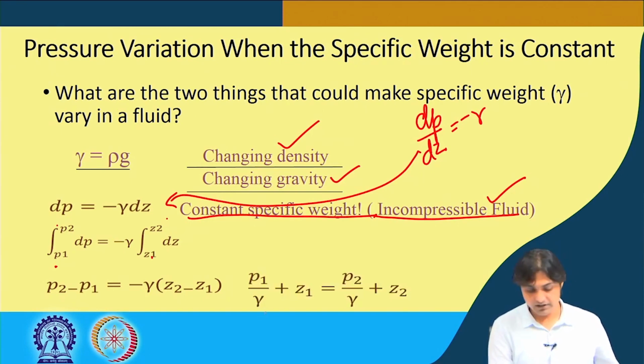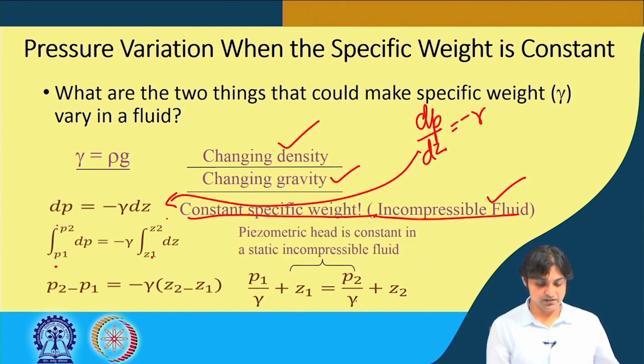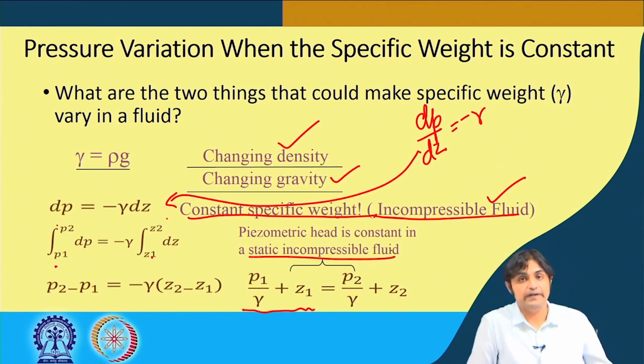Rearranging will give P1 by gamma plus Z1 is equal to P2 by gamma plus Z2. Great. This is called piezometric head, and this head is constant in a static incompressible fluid. That is one important take from this slide.